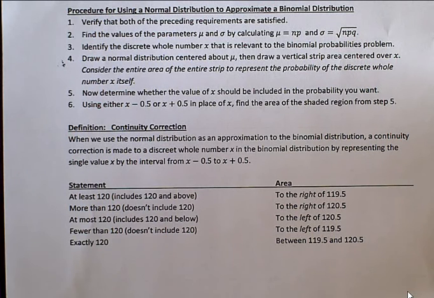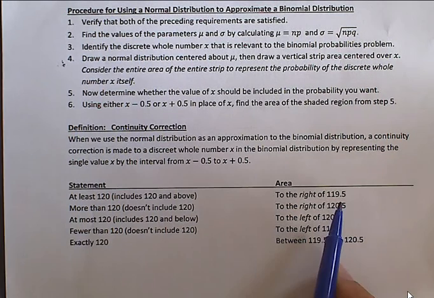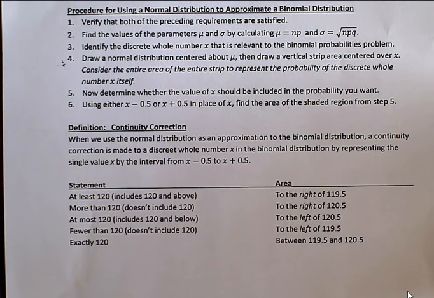So it's a greater than problem. But notice what the continuity correction has to do. We're going to move our value away from the shaded region 0.5 if it includes the number.